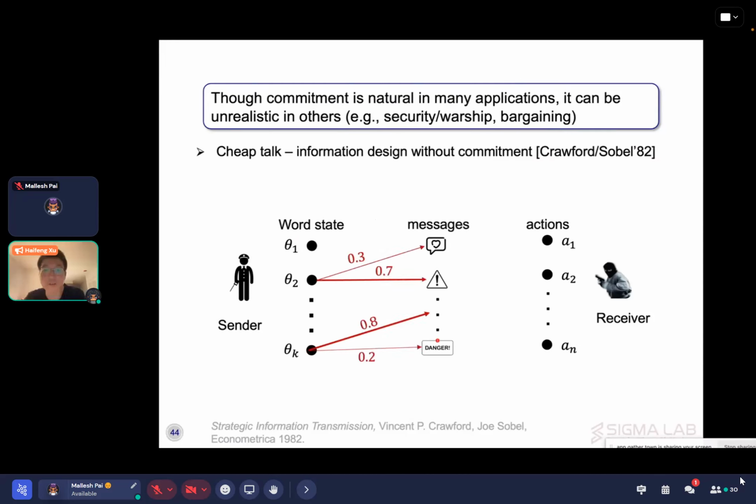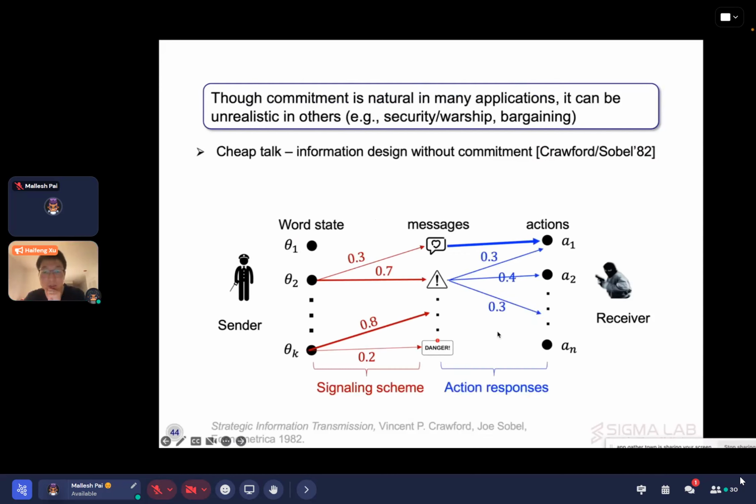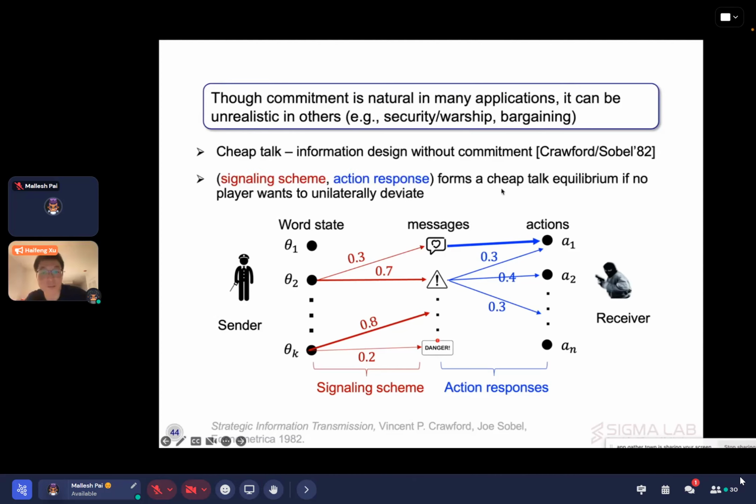The model is very similar to information design. I'm going to skip the definition, but you should be able to see it in the slides on the internet. It's very similar to information design, except that you cannot commit. That leads to a different equilibrium called the cheap talk equilibrium, which essentially is just a Nash equilibrium, if you want an intuitive sense. The definition of equilibrium is that no player wants to unilaterally deviate.